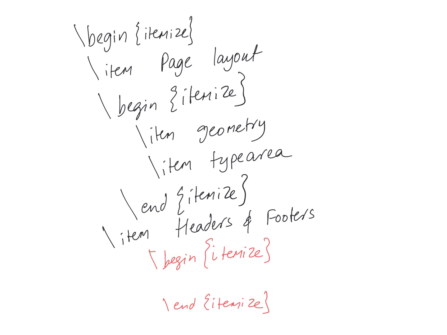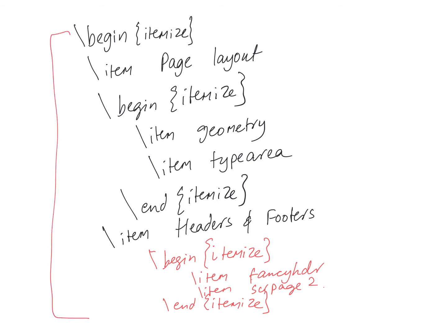And in this, let's put fancy hdr and maybe another item, scroll page too. So try this, see what happens with it. So there's a begin itemize, end itemize, and then there will also be an end itemize for this. Sorry, backslash, not the forward slash.